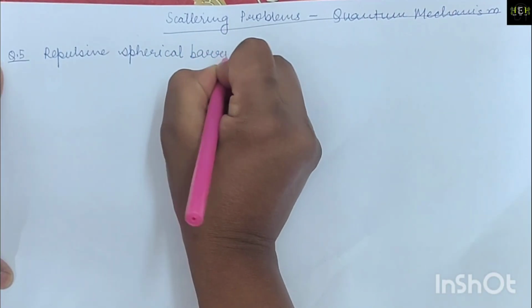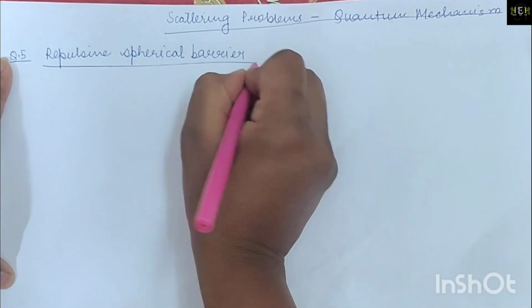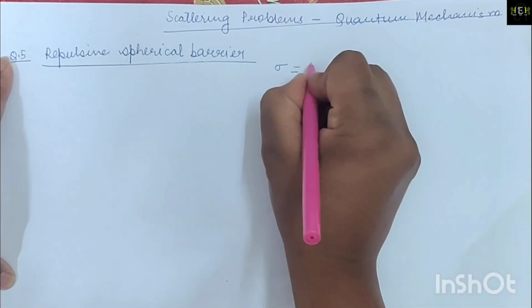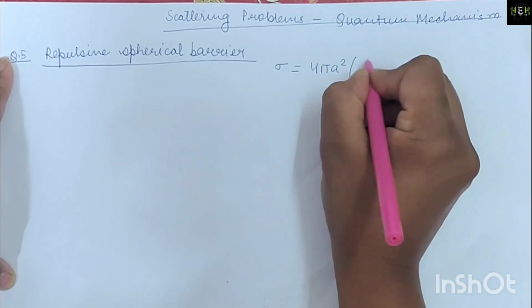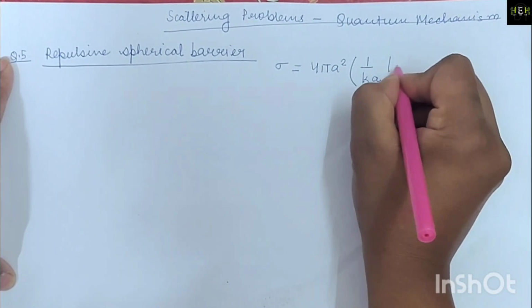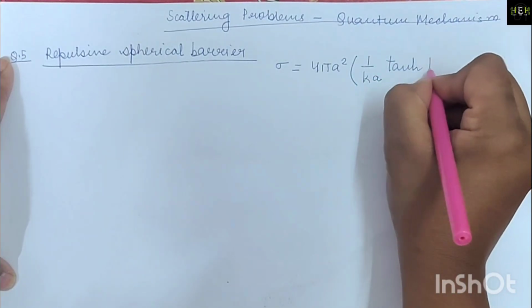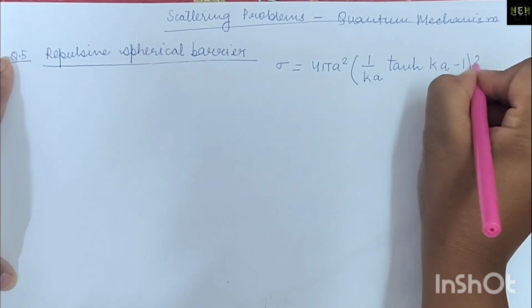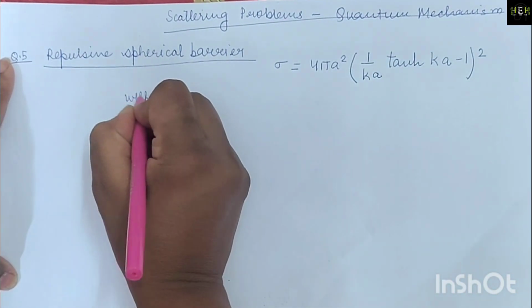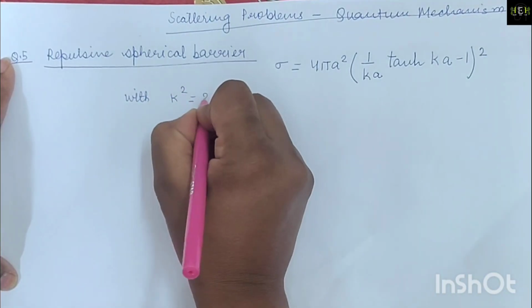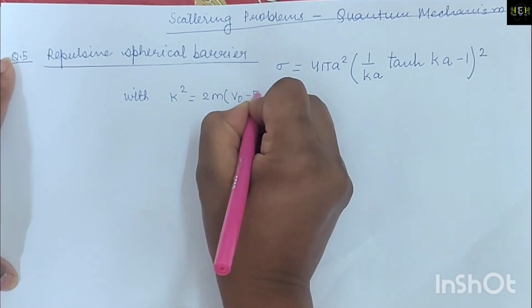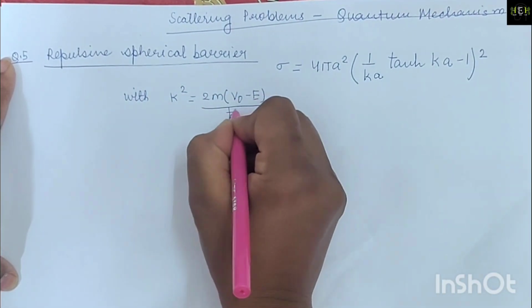In that, my sigma is 4 pi a square times (1 upon ka tanh ka minus 1) whole square, with my k square equal to 2m (V naught minus E) divided by h cut square, right?